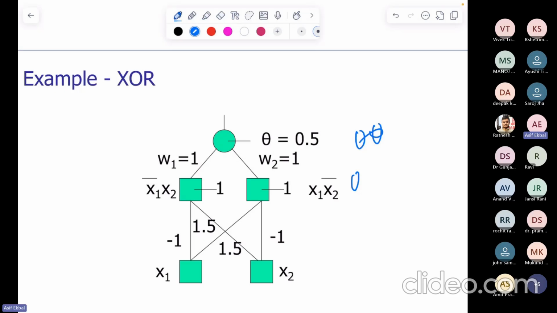So I think this will not work out because you cannot really draw a single line that will solve your purpose.